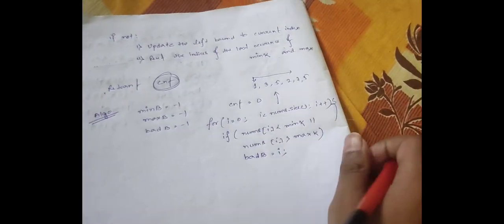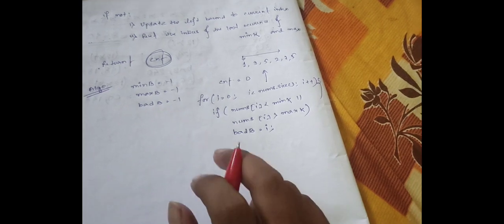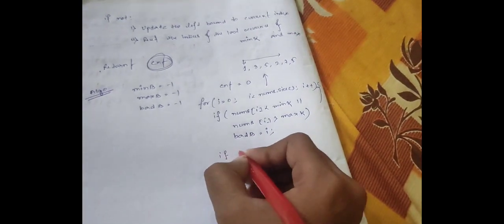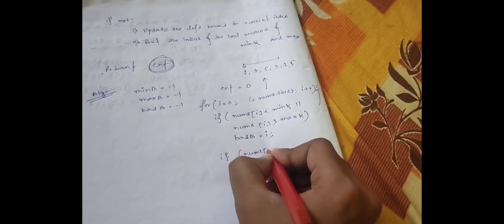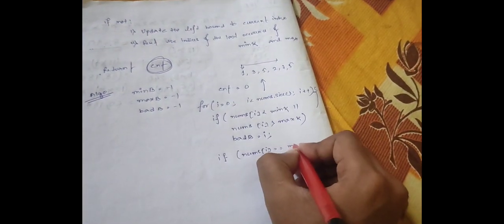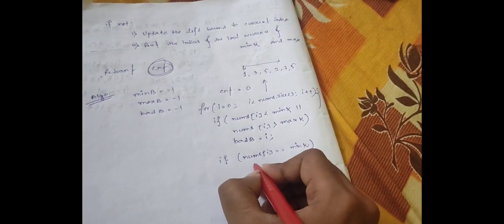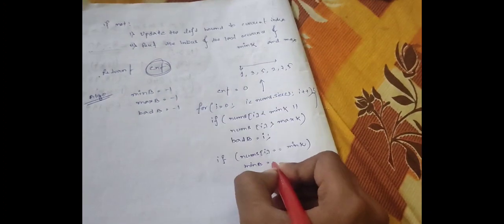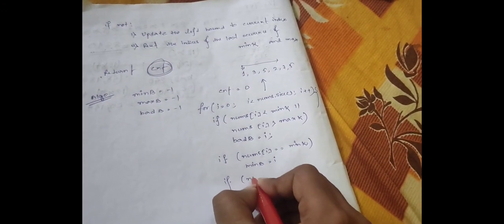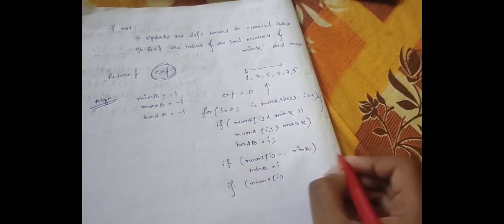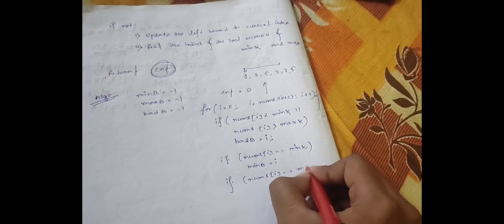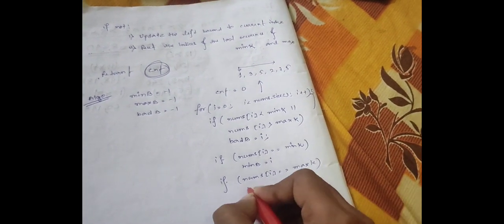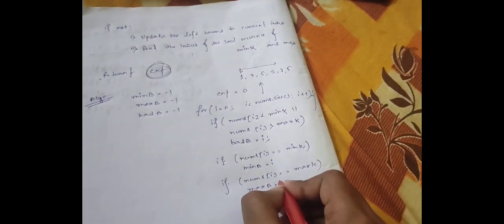I described this in the approach. Then if nums of i equals minK, the min boundary is updated, and if nums of i equals maxK, the max boundary is updated.